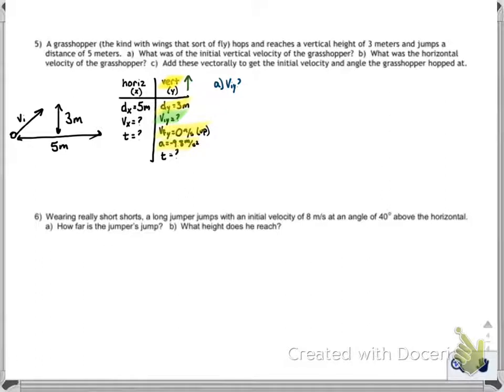So I look at my equation list and I've picked this one out. This is the only one that does not involve time and that has all of our knowns and our one unknown. So I go ahead and plug in all my values and I'm going to solve the equation for our initial velocity in y.